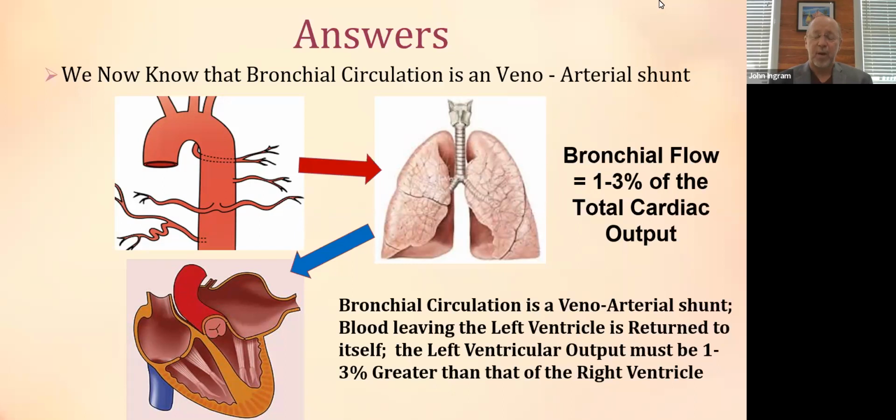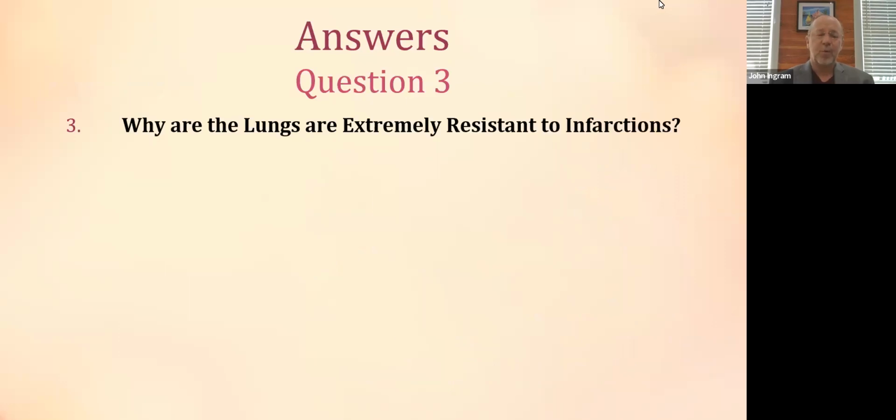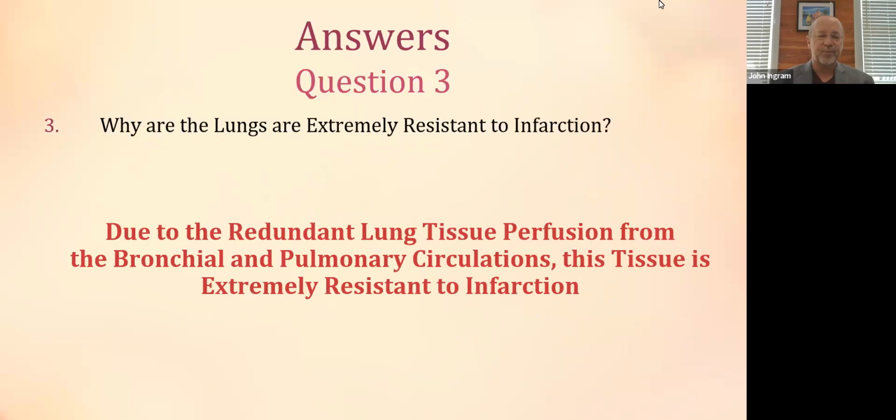And instead of going back into the venous system, that venous blood returns back into the left atrium. And by the way, this accounts for about 1 to 3% of the total cardiac output. So therefore, because of this, the left ventricular output must be 1 to 3% greater than that of the right ventricle.